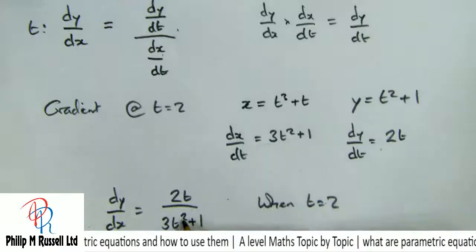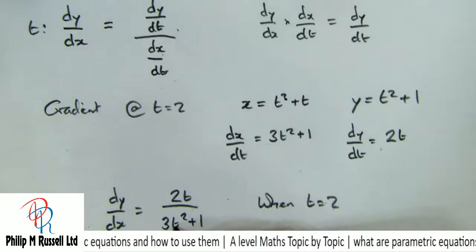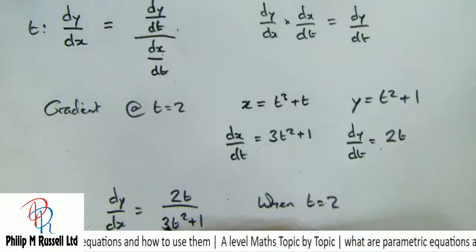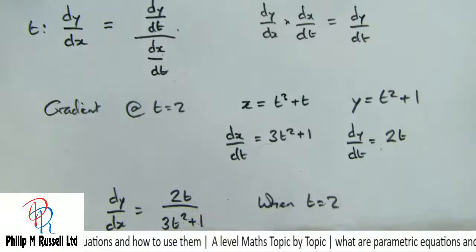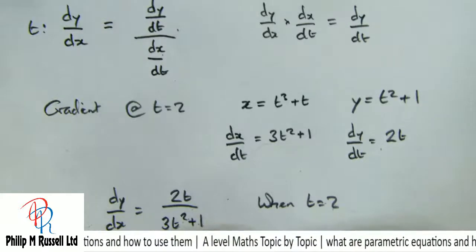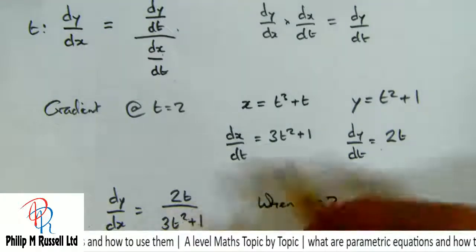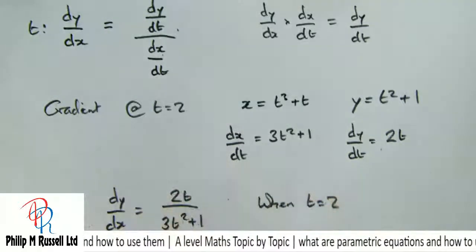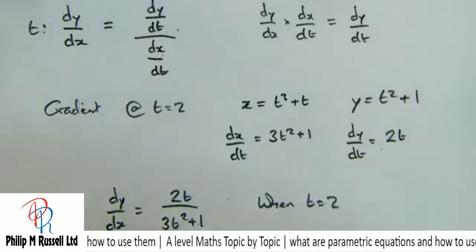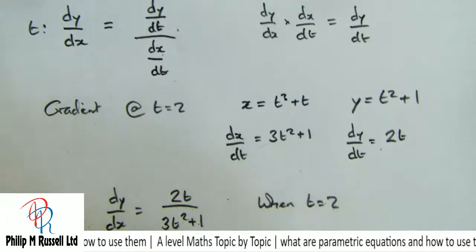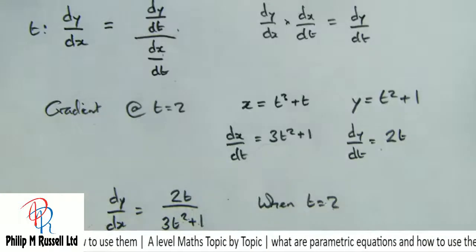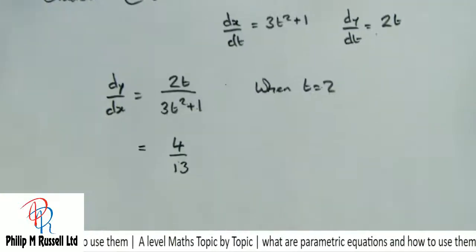We've got 2 squared, which is 4, 4 3s are 12, plus 1 makes 13. So my gradient at whatever point it was is that. So we can do these sort of things quite easily.